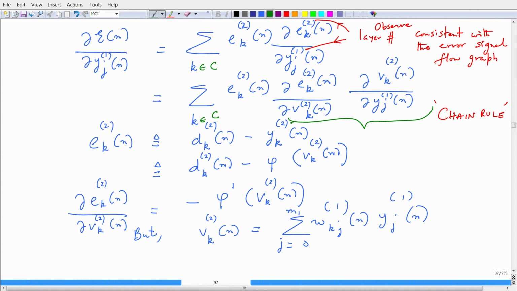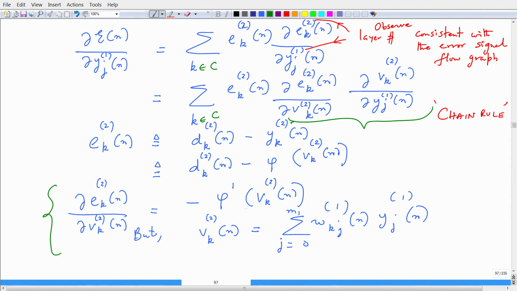Okay. Now we can compute Ek of n, which is dk(n) minus yk(n). So this is dk(n) in layer 2 minus phi of vk(n) in layer 2. Now with this, computing the partial derivative of Ek(n) with respect to Vk(n) is straightforward.